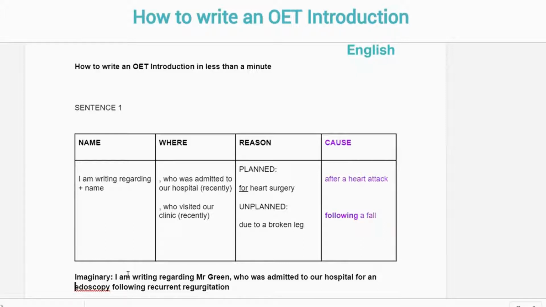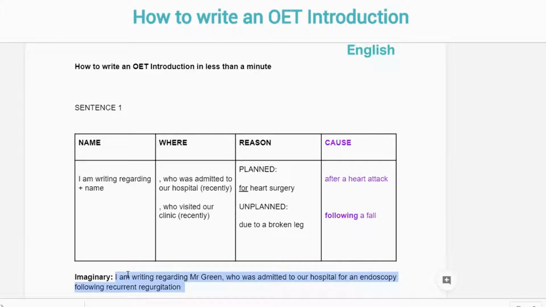Fantastic. Okay, following recurrent regurgitation. Well, actually, regurgitation would be no article there. Yes, uncountable. I'm sorry. So it was easy, it was fast, and this is what you need to do in your exam. So you have more time to write the rest of your letter. Fantastic, Raji.